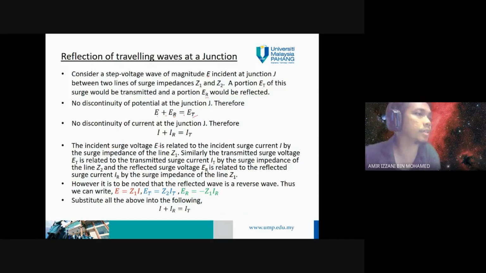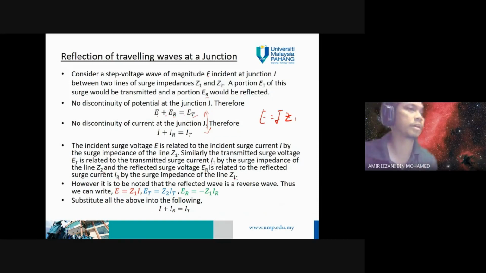The incident surge voltage E is related to the incident surge current I by Ohm's law, E equals I Z, by the surge impedance Z1. Similarly, the transmitted surge voltage ET is related to the transmitted surge current IT by the surge impedance Z2, and the reflected surge voltage ER is related to surge current IR by the surge impedance Z1.